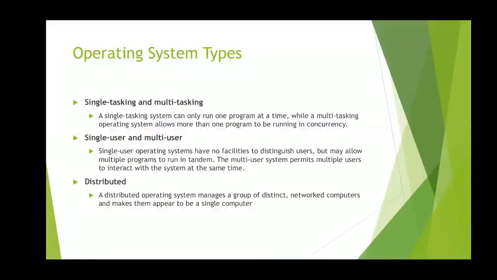Now we can discuss different types of operating systems. Depending on the number of tasks or processes the operating system can run at a time, the operating system is classified into single tasking operating system and multitasking operating system. In a single tasking operating system, the operating system can run only one task or one program at a time.